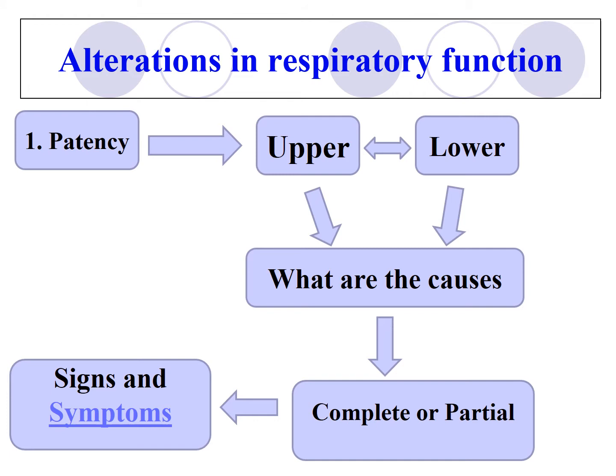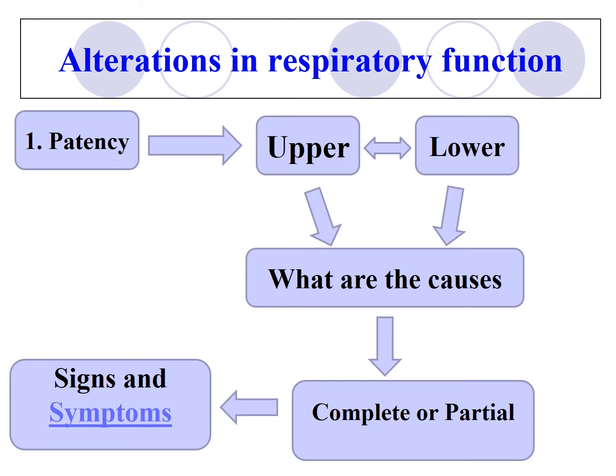So in the upper airway, starting from the nostril, those who have adenoids or nasal polyps, it will affect their respiration, and sometimes they might not be able to breathe properly through their nose. They might breathe through the mouth.